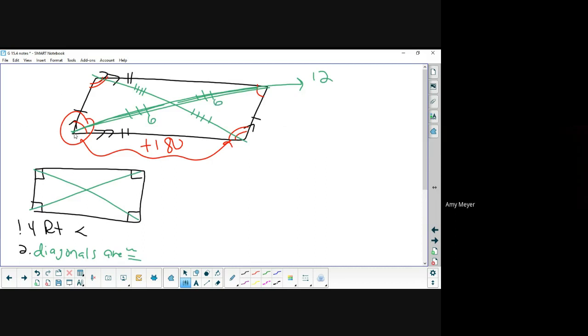Now these aren't necessarily 6. They might be 8 and 8, but this says in a rectangle, the diagonals are going to be congruent. So this one is also going to end up being congruent or 12. So how big will each of these pieces have to be? 6. So it's not true up here, but down here, all 4 are alike.